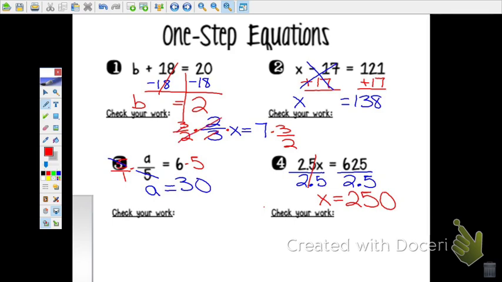So that goes away on the left side because those are inverses. 7 as a fraction is 7 over 1. Multiply straight across. And I get 21 over 2. And I am going to leave it that way. Okay, I'm not going to change it to a mixed number. I'm going to leave it as 21 over 2.